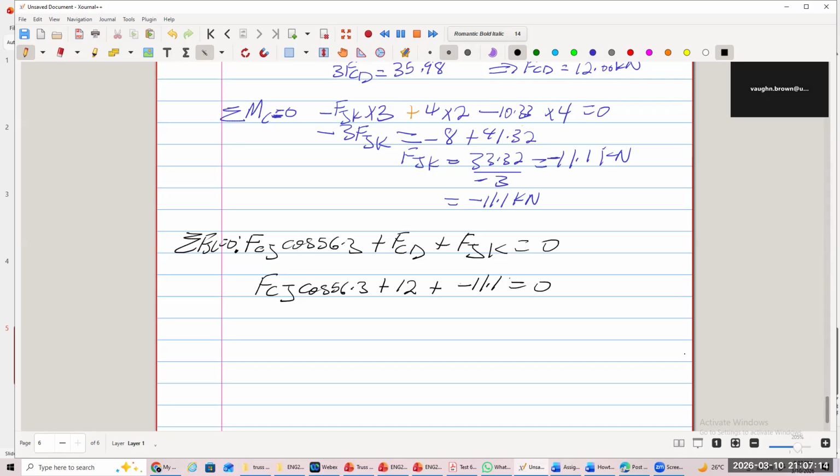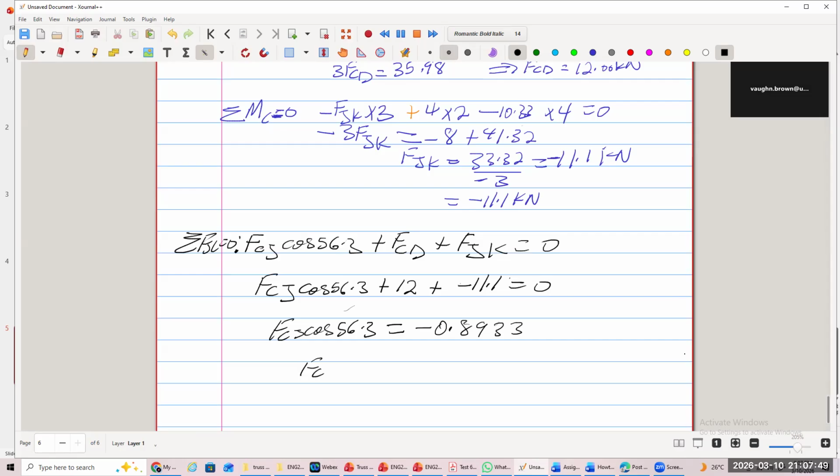What's the value here now? So we're going to add those two. What's the difference between that and 12? Hold on. So FCJ cos 56.3 is going to be equal to a minus 0.8933.